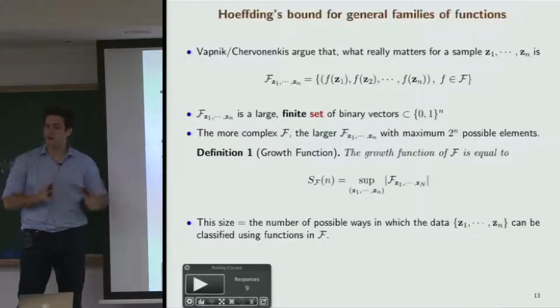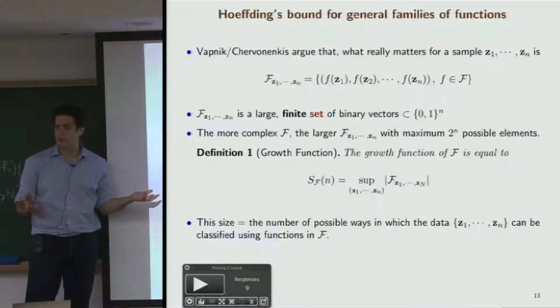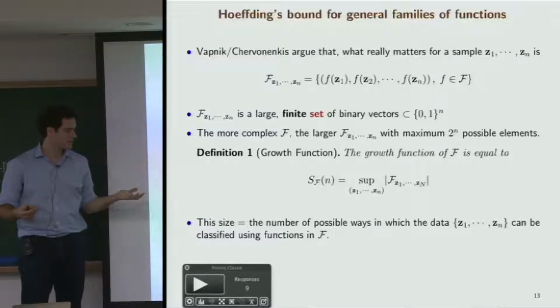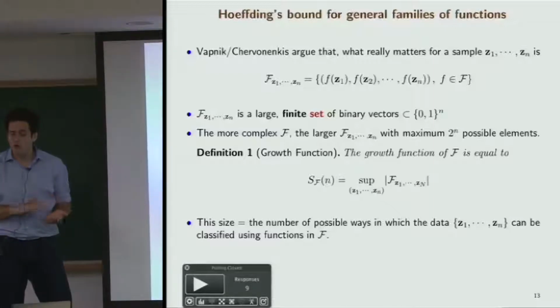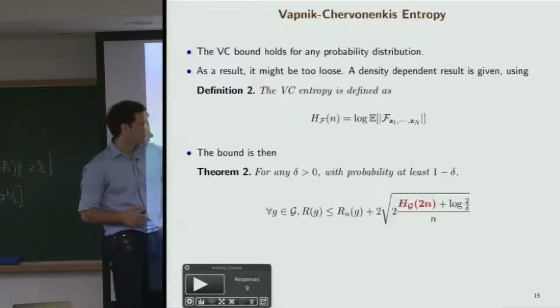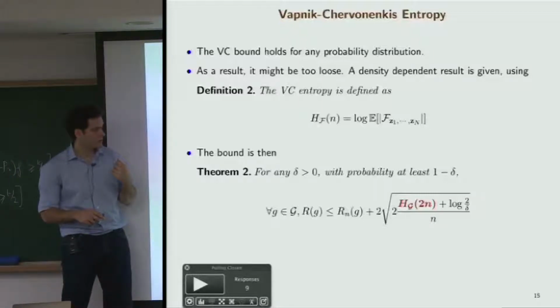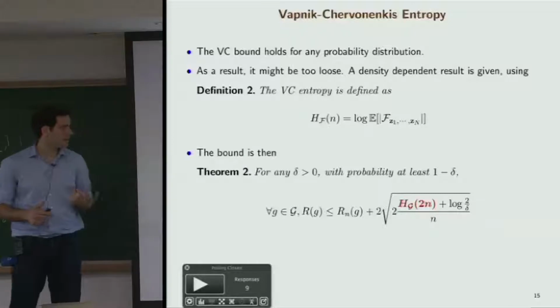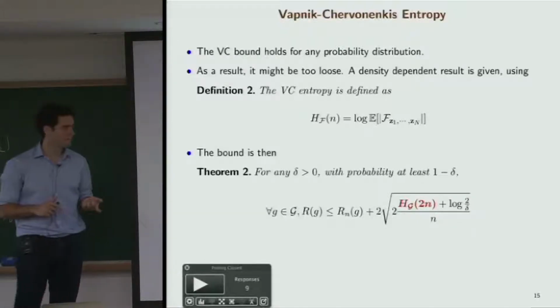Remember that a cornerstone of the construction so far is that there is a probability regulating the generation of pairs z, x and y. Here I'm taking a uniform supremum over all possible observations. What Vapnik and Chervonenkis propose is, rather than considering the supremum of this quantity over all possible points, they consider what they call the VC entropy of the function class with respect to the data distribution. Okay?